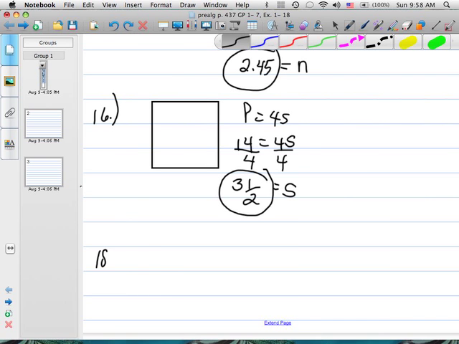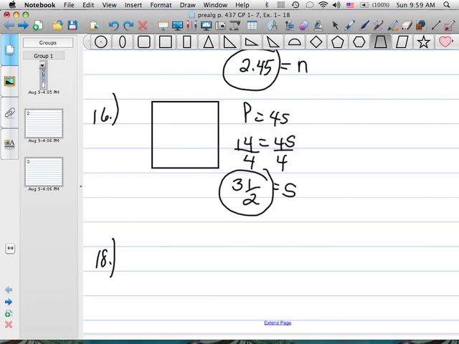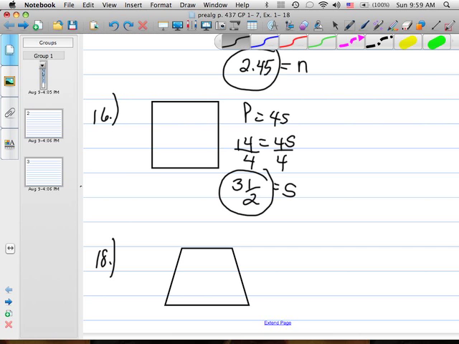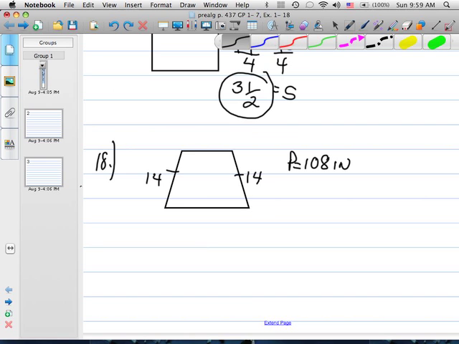And problem 18, one side of a trapezoid measures 32 inches. Two other sides each measure 14. So we have an isosceles trapezoid, and the perimeter is 108 inches. And I know one side is 32 inches.